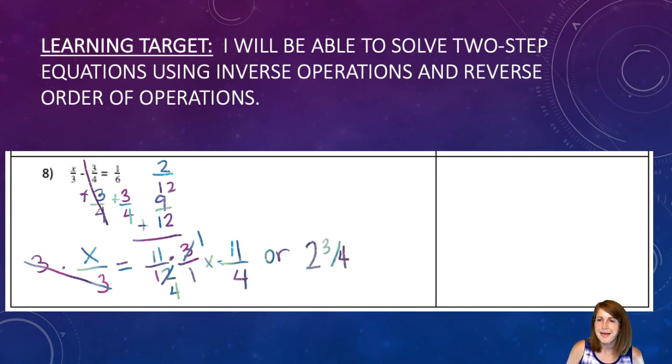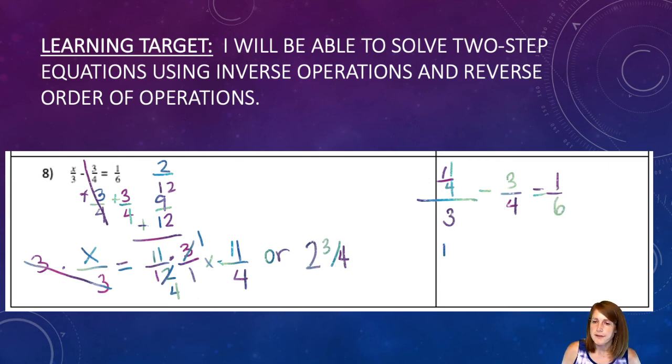So I'm going to plug it back in just to make sure. 11/4 divided by 3 minus 3/4 is hopefully going to equal 1/6. So if I do 11/4 divided by 3, that's the same thing as saying 11/4 times 1/3, which is 11/12.